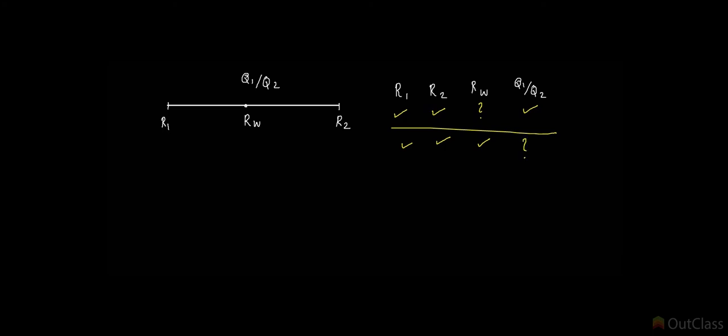What is the ratio in which it is mixed? You could also have a situation where one of the two rates is given, the weighted average is given, the mixing ratio is given. What was the other component that was mixed? These two possibilities are also there. Let's look at examples.